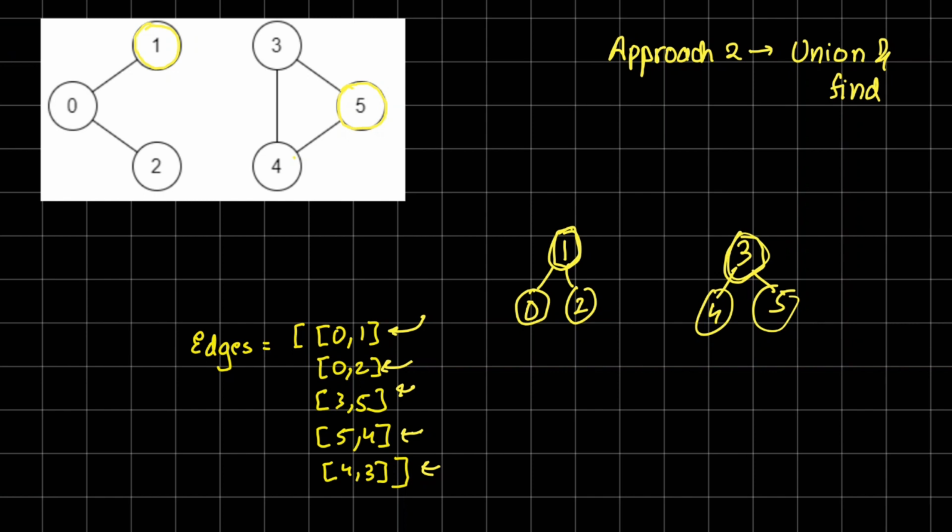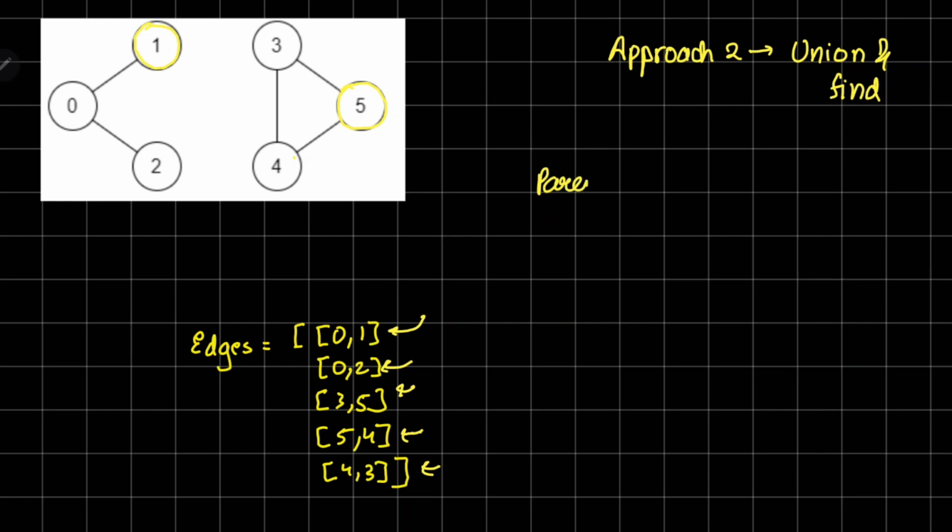How can we do this? By using an array parent. Parent will have the size of the number of vertices. So here there are 0, 1, 2, 3, 4 and 5. Initially, from every source to itself you can reach there.